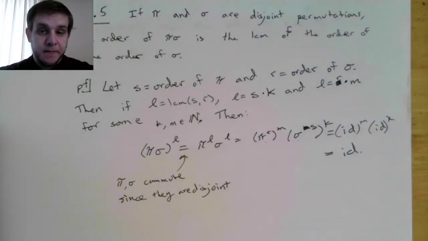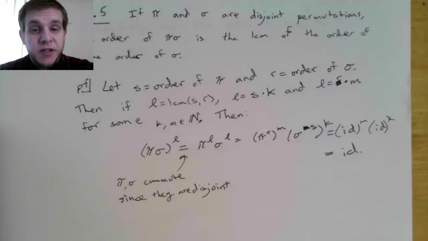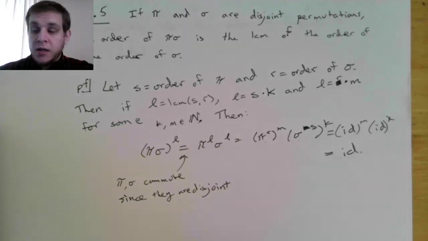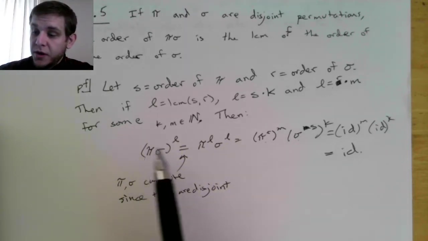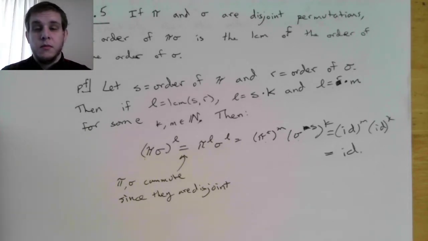It fixes everything. So this shows that the order of pi sigma, the order of the composition, actually divides L. And now I want to show that it's actually equal to L.